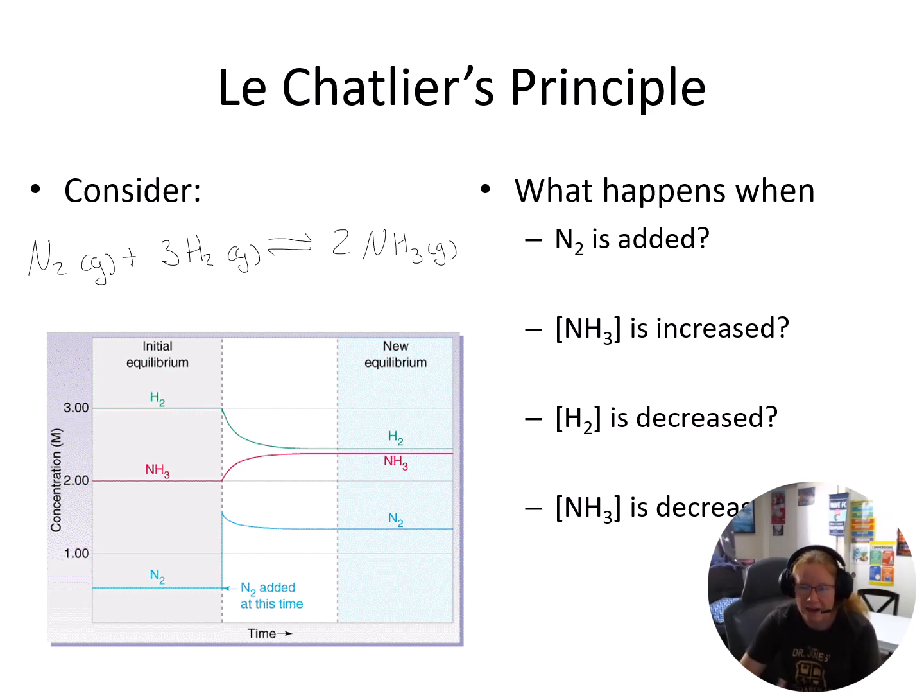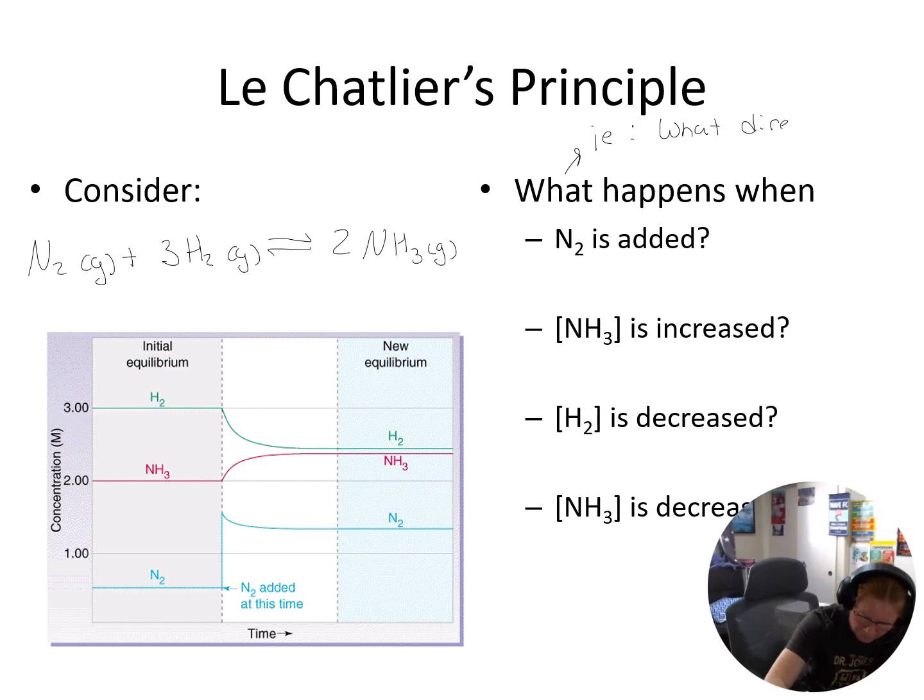What's going to happen, i.e., what direction will this shift? Okay, what direction will the reaction shift? Okay, so I'm going to add in some nitrogen gas. Is that a reactant or a product? It's a reactant. So if I add in a reactant, I have to shift toward products.